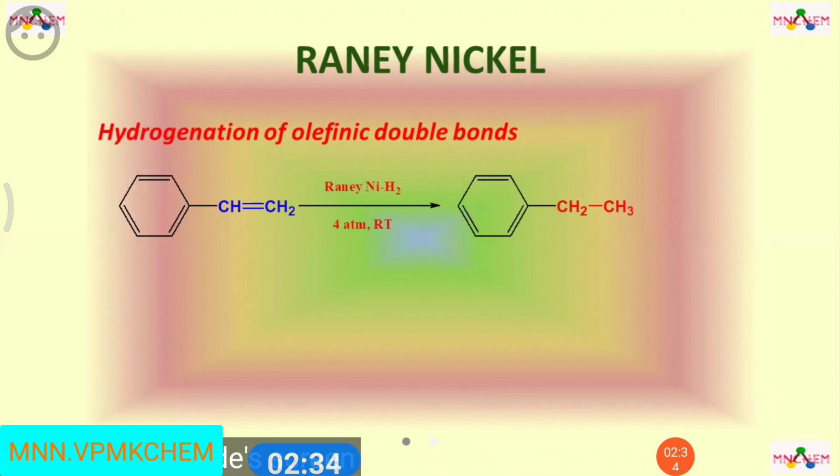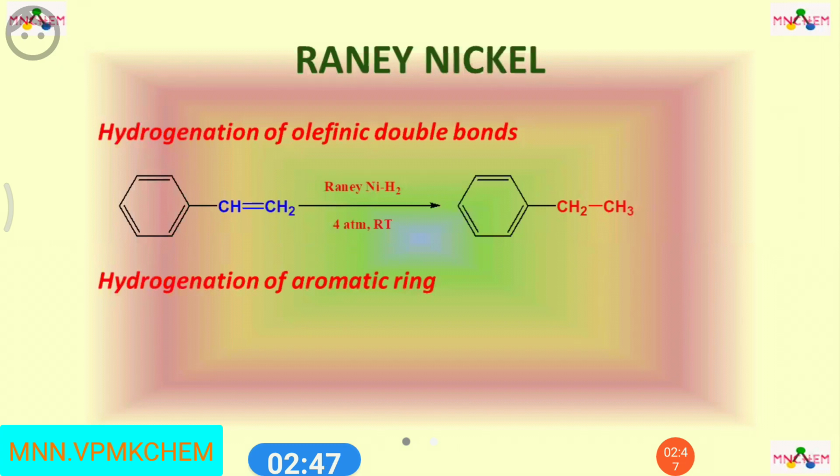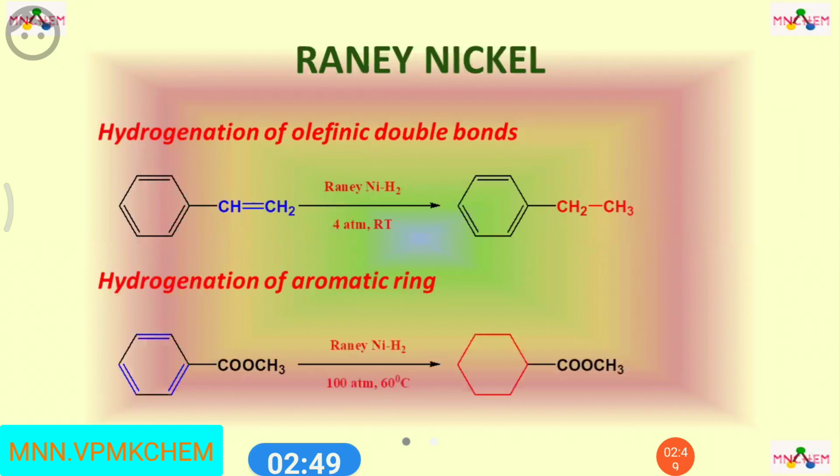If Raney nickel is used for the hydrogenation of an aromatic ring, or we can also say reduction of an aromatic ring to a non-aromatic ring, then the reaction has to be carried out at higher pressure and temperature.